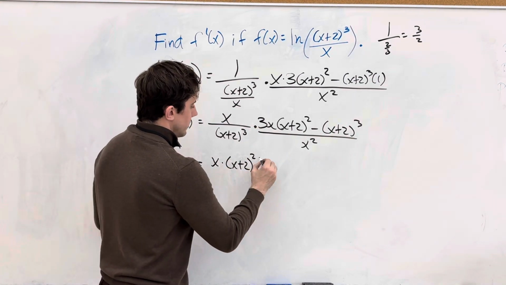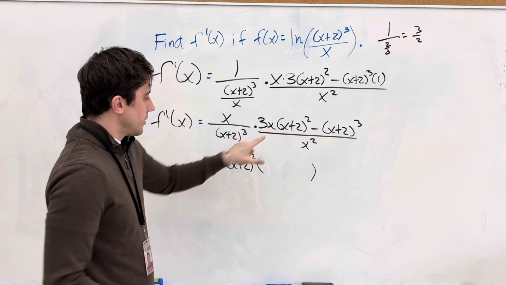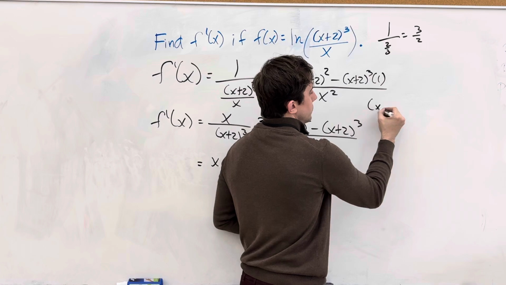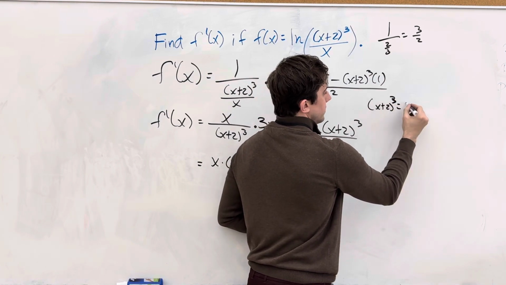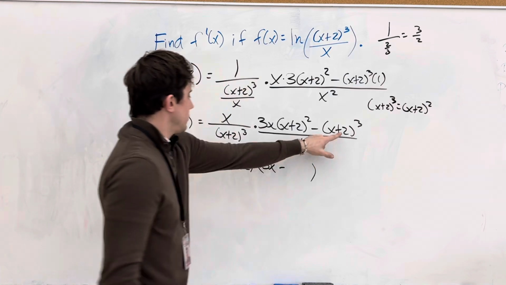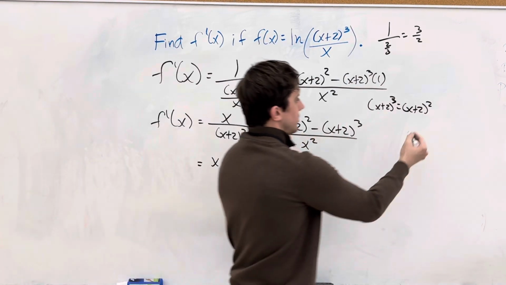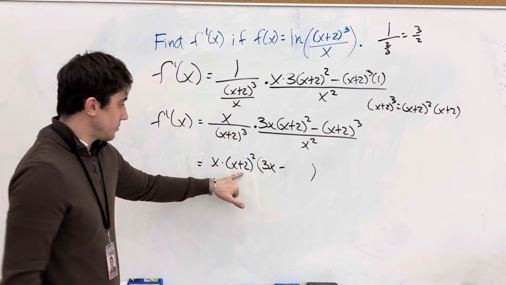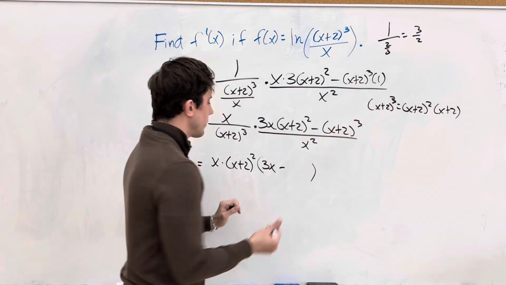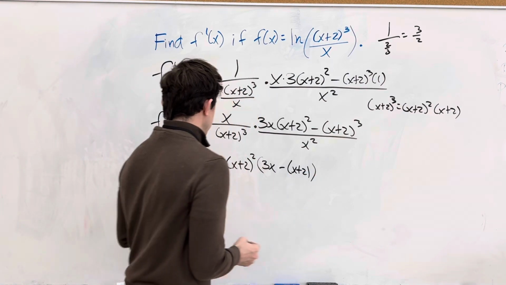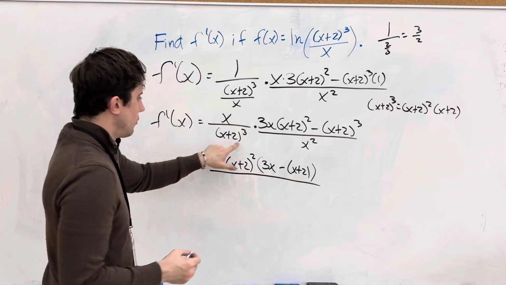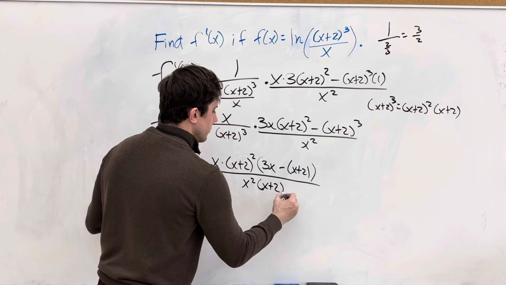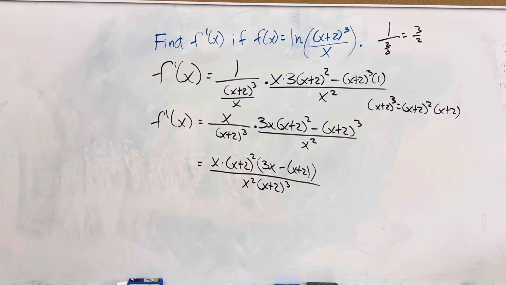So (x plus 2) all squared times, the first one is multiplied by the 3x, so that's 3x, minus, I'll remind you that (x plus 2) cubed is really just (x plus 2) squared, which is what we factored out front, times another factor of x plus 2, right? And so since I factored out a factor of (x plus 2) squared from (x plus 2) cubed, what I'm left with is one more factor of x plus 2. And all of that is over the product of these two guys. I'll write this as x squared times (x plus 2) all cubed, like so.